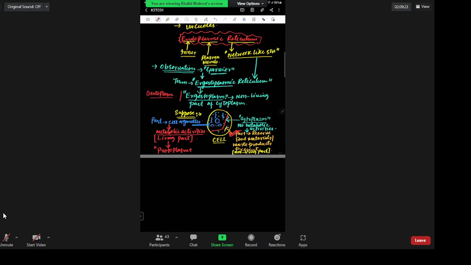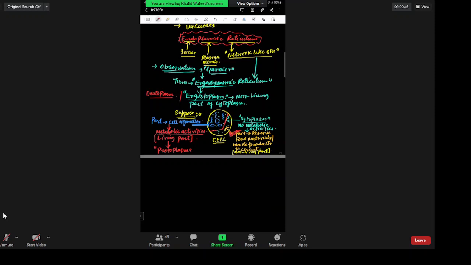A quick recap. Garnier first of all observed ER as network-like structures in the ergastoplasm. Hence he named them as ergastoplasmic reticulum. ergastoplasm में आपको क्या समझ आया? सर हमें ये समझ आया कि it is non-living part of cytoplasm, otherwise known as deutoplasm.